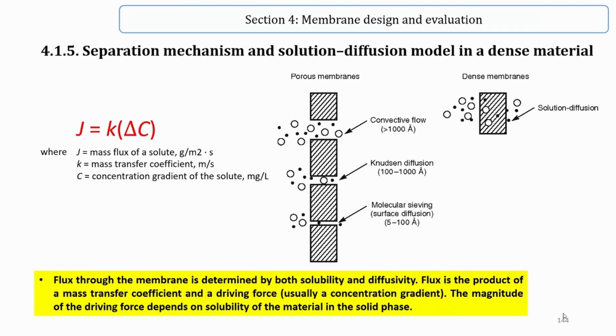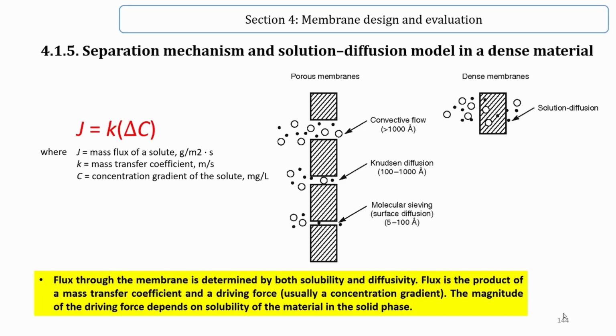Separation mechanism and solution diffusion model in a dense material. A number of models have been developed to describe mass transfer through reverse osmosis membranes. The most common model envisions a reverse osmosis membrane as a dense material, meaning a material that is non-porous, or there are no holes in it, that is nonetheless permeable.